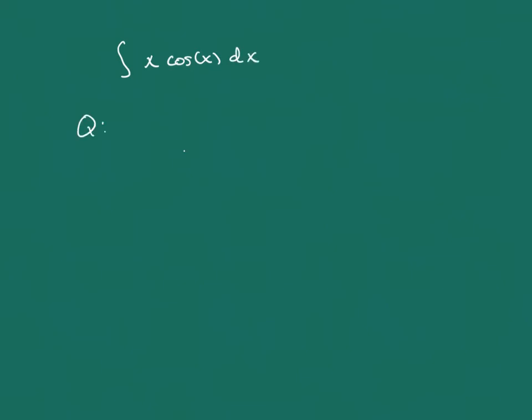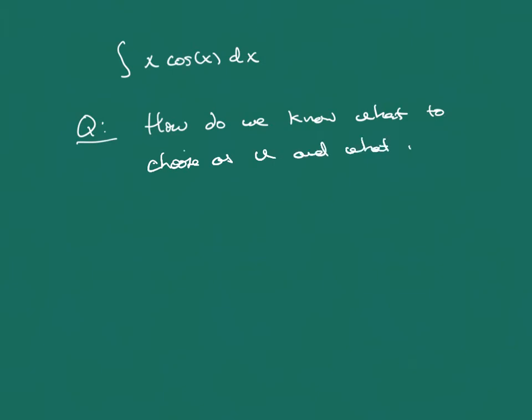And what we actually glossed over was this question that came up that said, how do we know what to choose as u and what is dv in that case? Well, how we can go about answering that question is, one, just by trial and error.